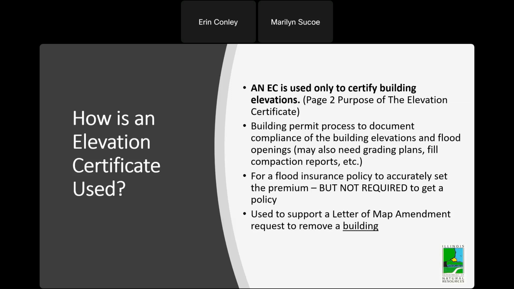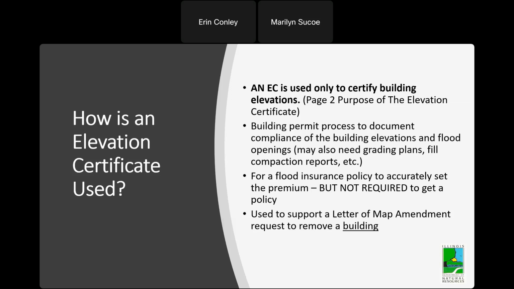CRS communities must use elevation certificates when permitting a building or substantial improvement or an addition to a building in the mapped floodplain. For other communities not in CRS, it's at your discretion, but we highly recommend its use.